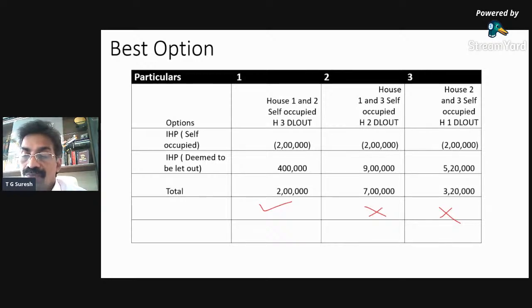That's what I'm saying. You are confusing it here. The concept of a maximum housing loan interest of 2 lakhs is wrong. So you are incorrect in terms of the concept. There are 2 points you must bear in mind.